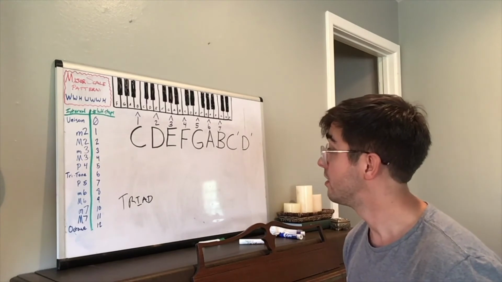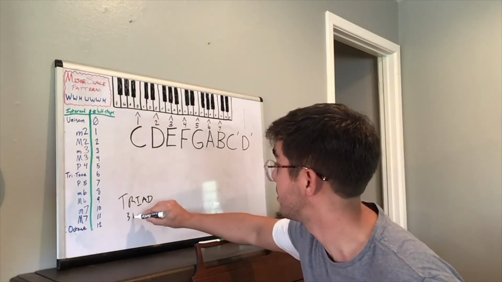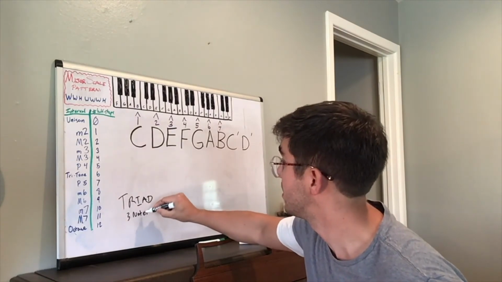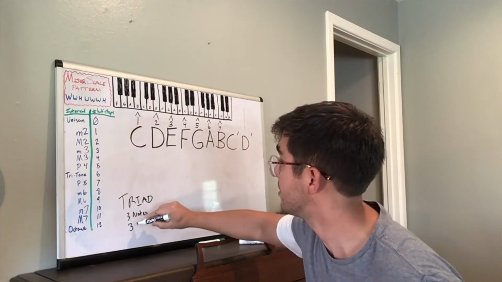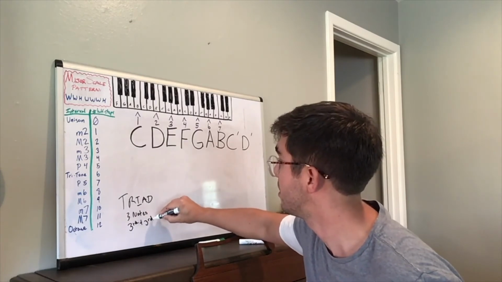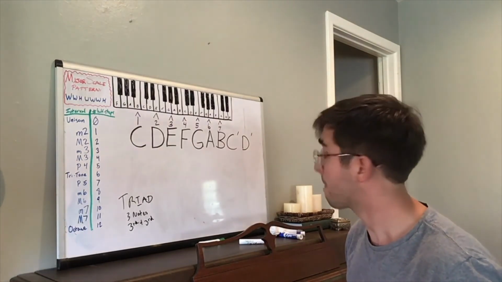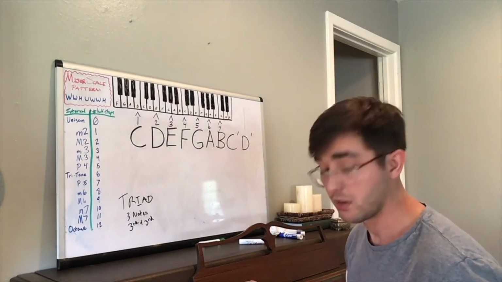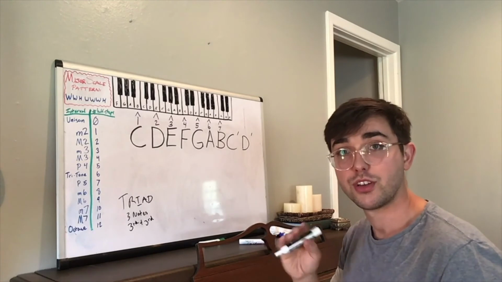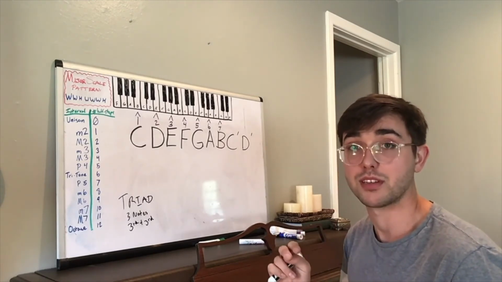And so let's say 3 notes, 3 notes, and it's a third plus a third. In addition to that, triads can have, for the most part, 2 qualities that we're going to be talking about today.